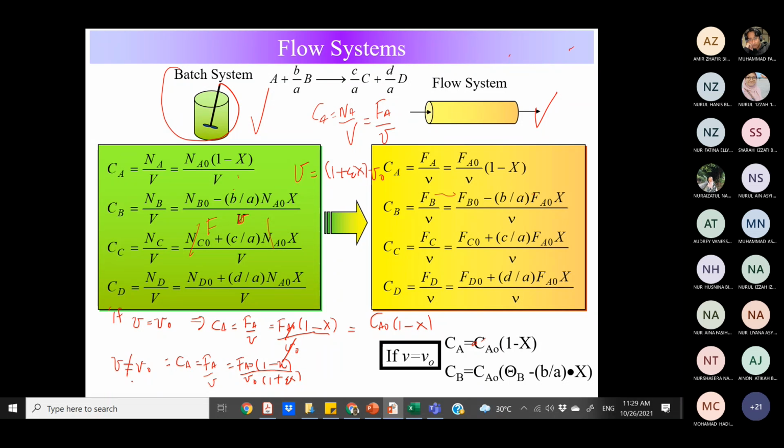Okay, so this one is not applicable for volumetric yang constant. Okay, ni kalau tak constant, you kena ada epsilon, alright, okay, faham?